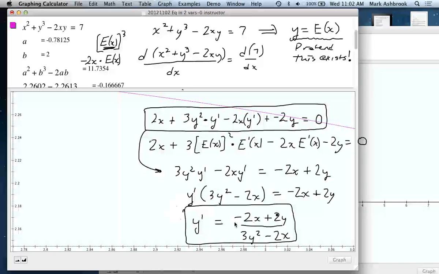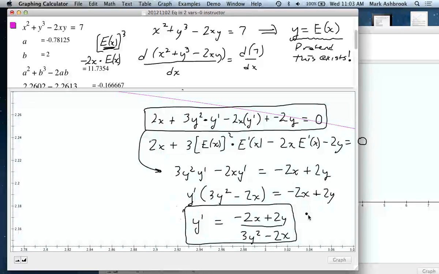But look, what do we need now? When you look at this equation, this is what we talked about earlier. You not only need x, but you need y too. If I just said, what's the rate of change at x equals 3, it's not enough. You need the y value as well.